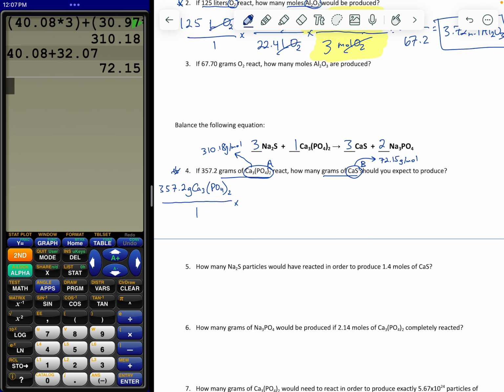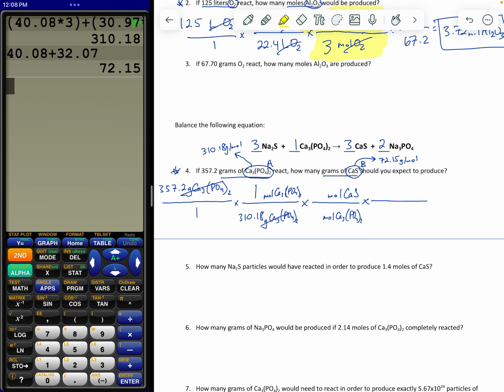So now we go to work, and we know that we're going to have to cross 3 bridges here. 1, 2, 3. And then we can include units. So we have grams of Ca3(PO4)2 to moles of Ca3(PO4)2, 1, and 310.18. Grams of that cancel out. Moles of Ca3(PO4)2 to moles of CaS.